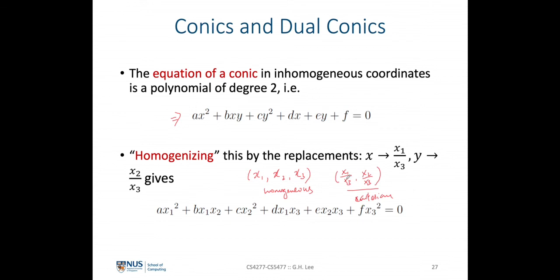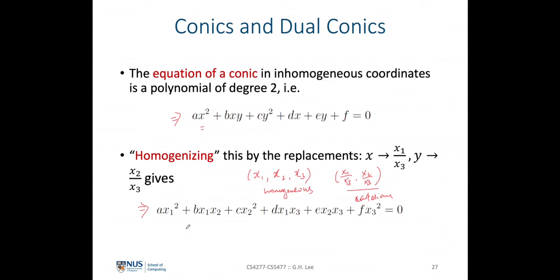We'll simply replace x over here with x1 divided by x3 and y over here with x2 divided by x3 to get this particular equation here.